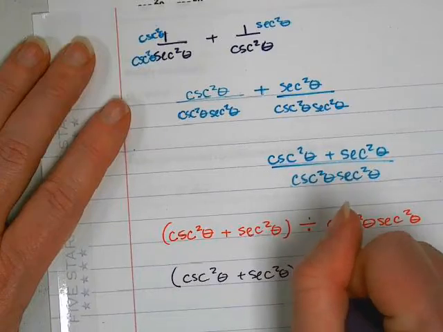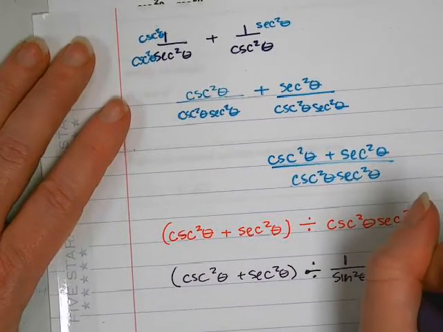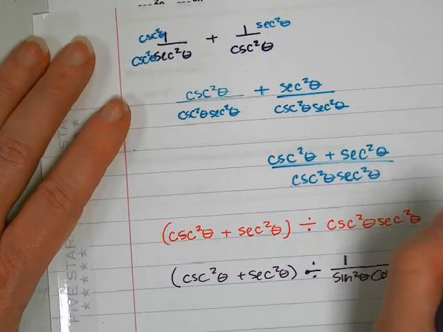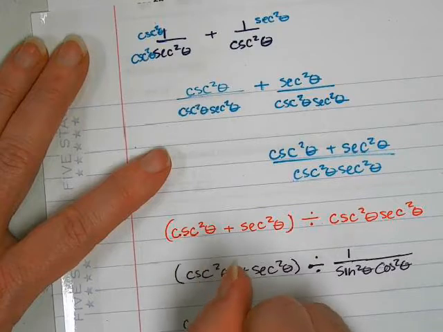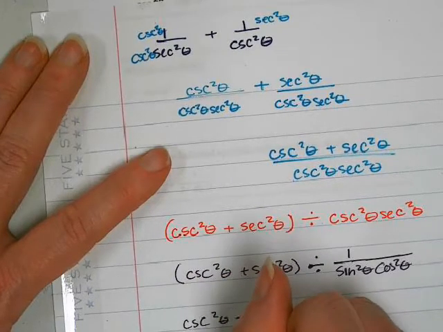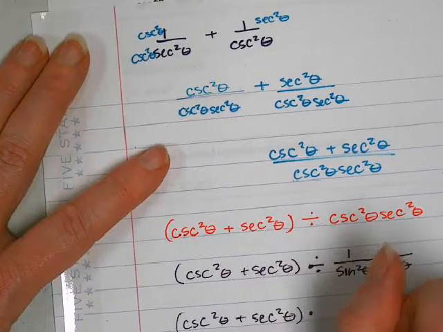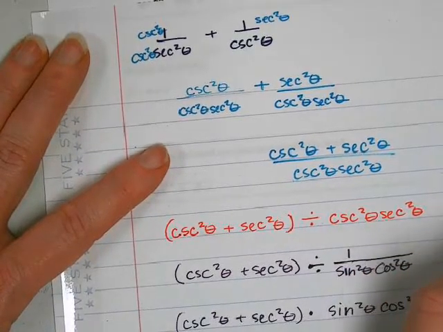I'll still write it as 1 over sine squared theta, cosine squared theta. Then I can keep switch flip: cosecant squared theta plus secant squared theta times sine squared theta, cosine squared theta.